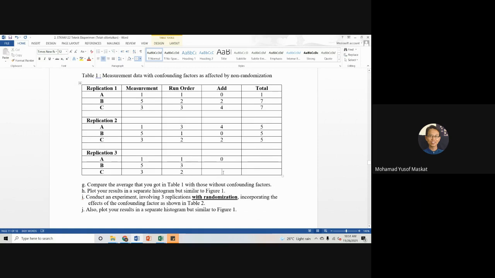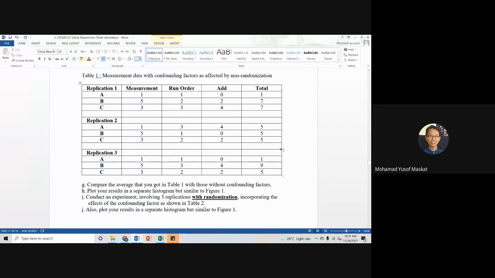Second run order, add 2. Third run order, add 4. So the result will be 1 plus 0 equals 1, 5 plus 4 equals 9, 3 plus 2 equals 5. That will be the result. This is for first rep, second rep, third rep, and then you average it out.